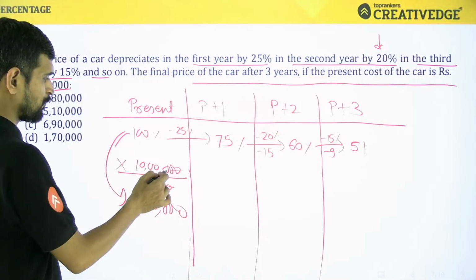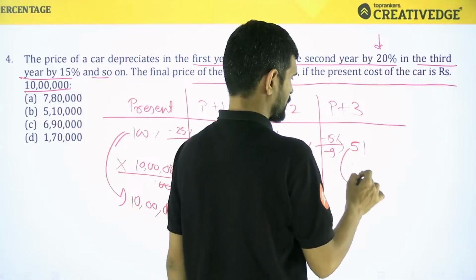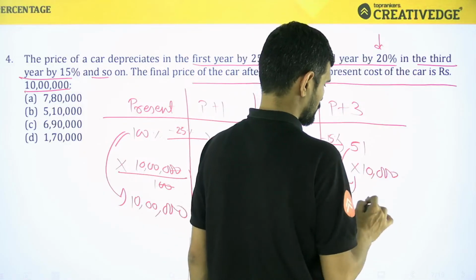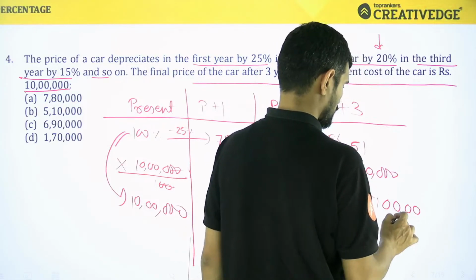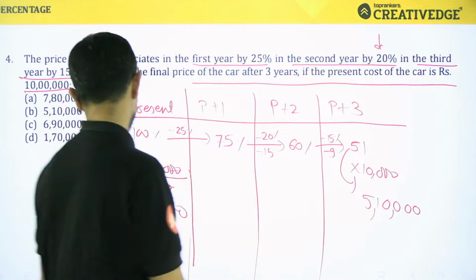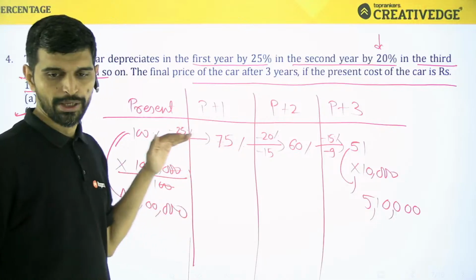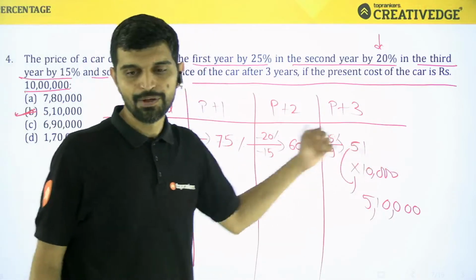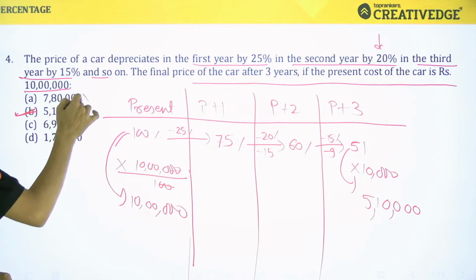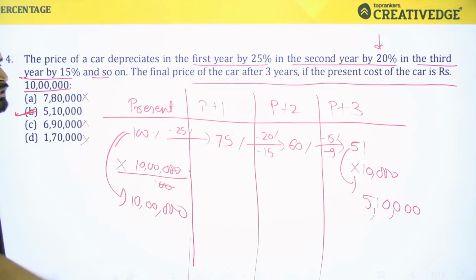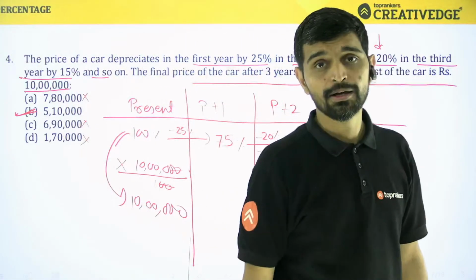The multiplier will be 10,000, right? So 51 multiplied by 10,000 makes it 5,10,000. Option B. Otherwise, also, if you are able to identify this 100 and 51, based on that, you can easily identify your answer. You don't have to look at the available other numbers. 51 is the only number that will be on the leftmost side, right?